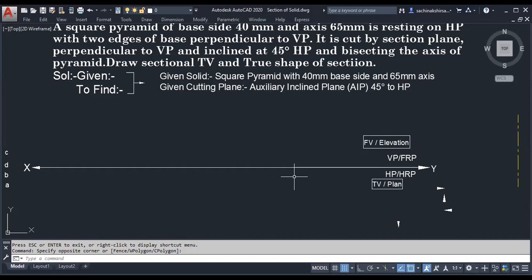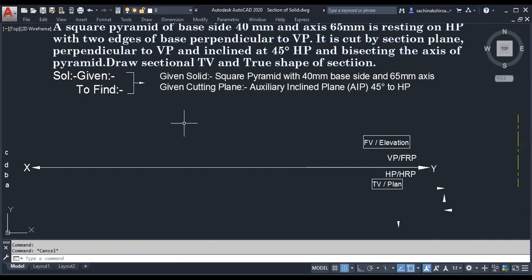These two things we are supposed to draw. Before that, if you are not remembering, one more hint: where will be the line view of the cutting plane? Which sectional view is asked in the problem statement?